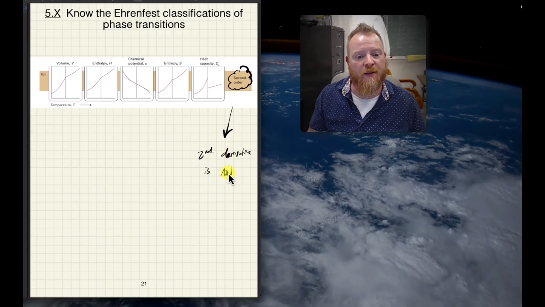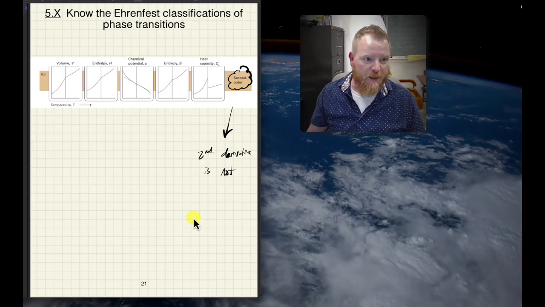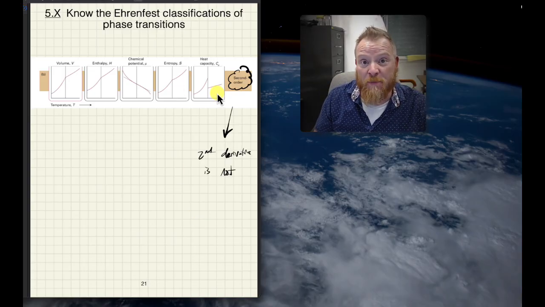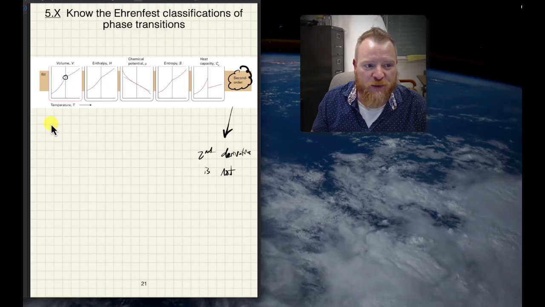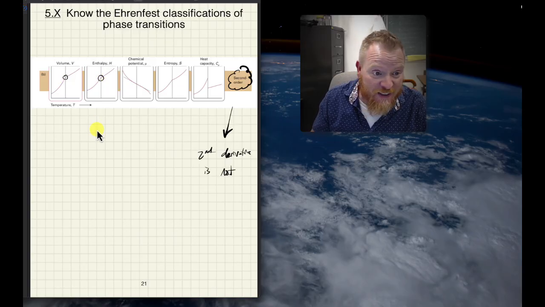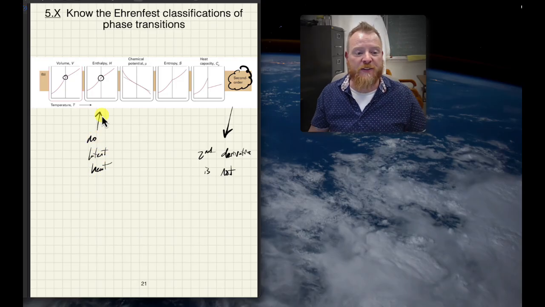So now looking at all of those same things that we just looked at, volume, enthalpy, and the like, we can see it's a much more subtle change for these second order phase transitions, right? So there is no latent heat observed in a second order phase transition.